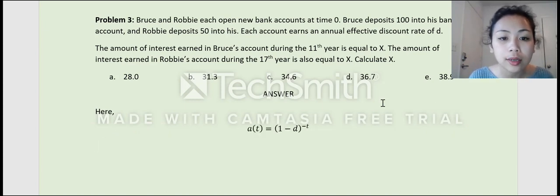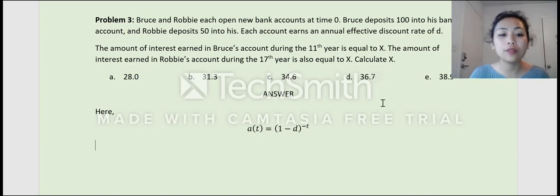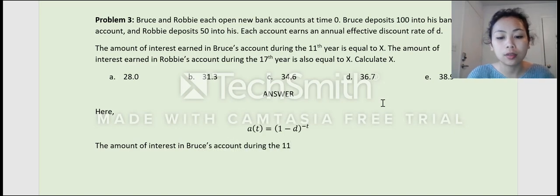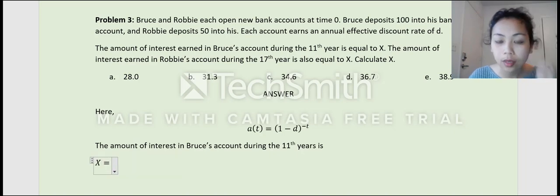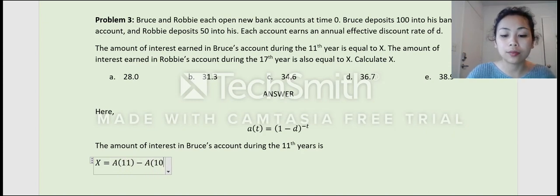And the question says that the amount of interest in Brooks' account during the 11th year is, we have the first equation, x equal to, the interest earned in the 11th year would be the accumulated value at time 11 subtract the accumulated value at time 10, right?